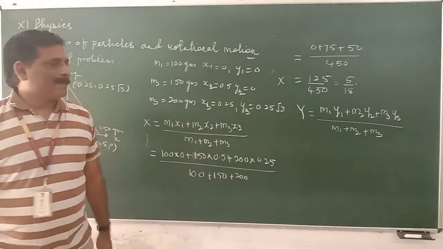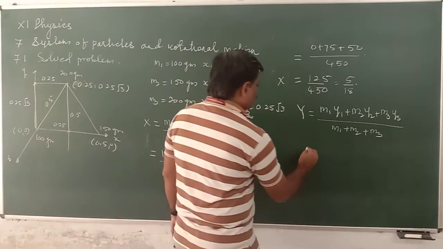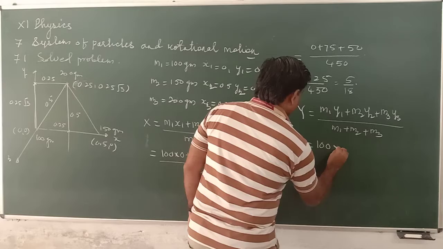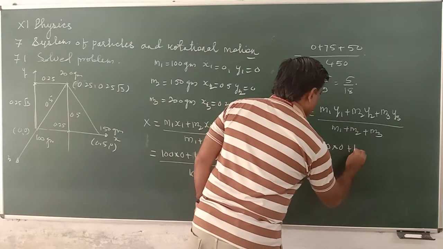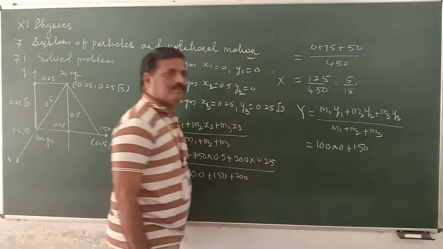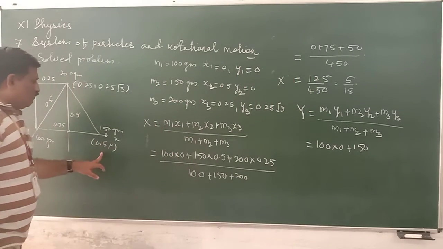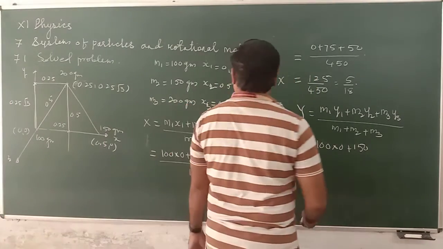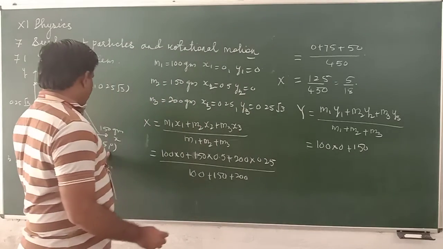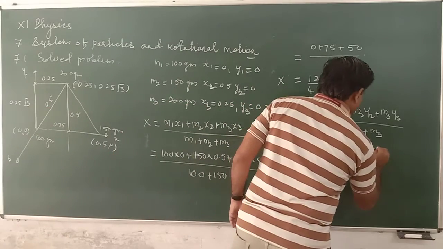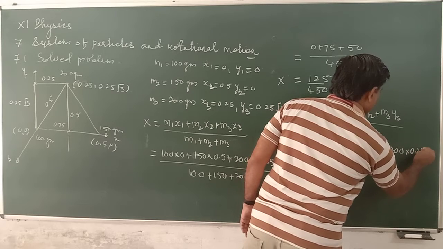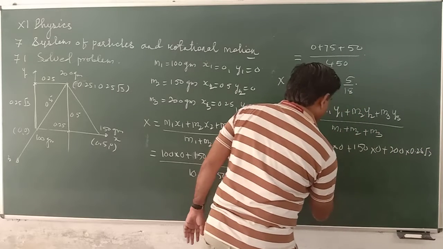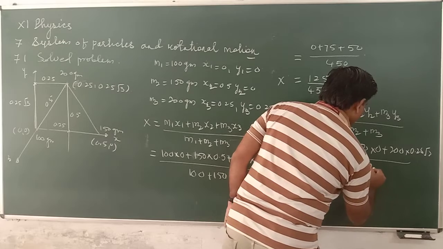Now m1 is 100, y1 is 0, plus m2 is 150, y2 is 0, plus 200 into 0.25 under root 3, divided by 450.